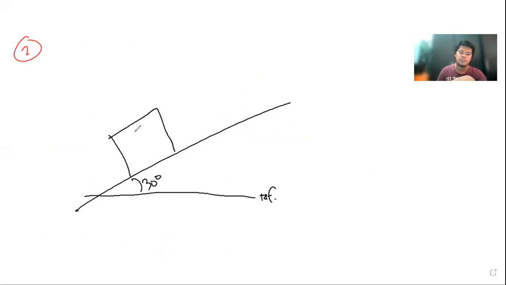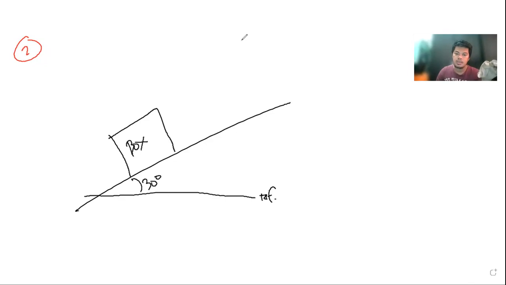Now please do take note that regardless of how we position the box or the object, whether it is placed horizontally or on an inclined plane, the weight of the object is always positioned vertically.